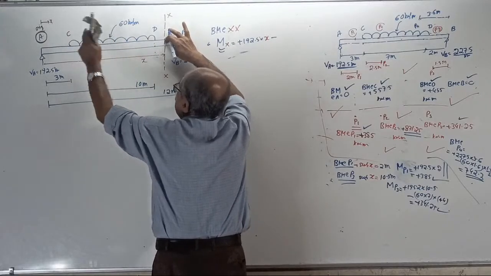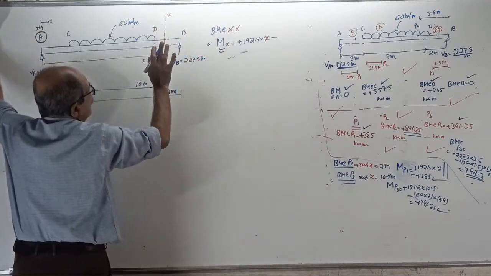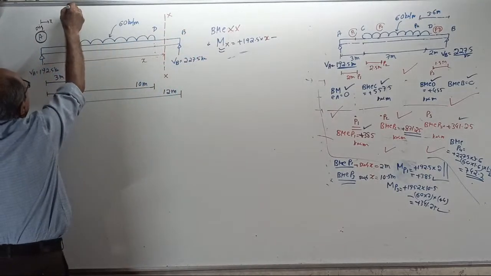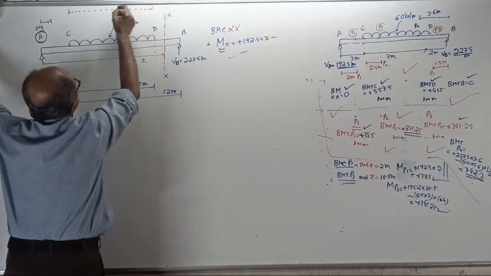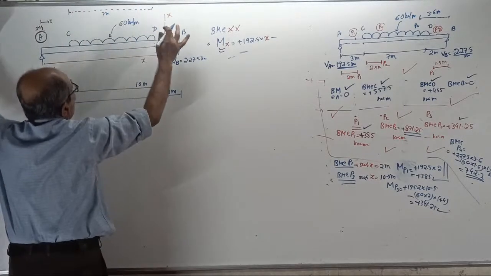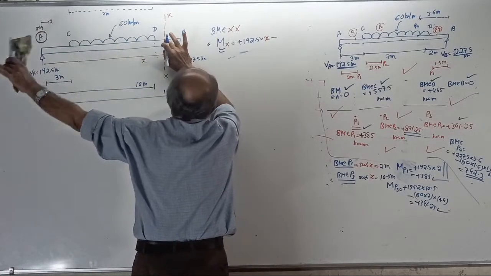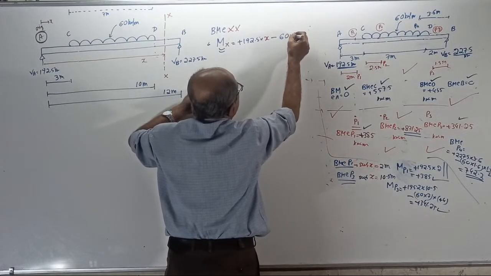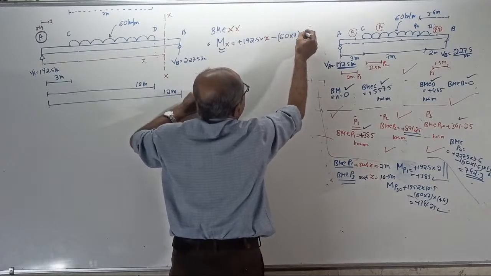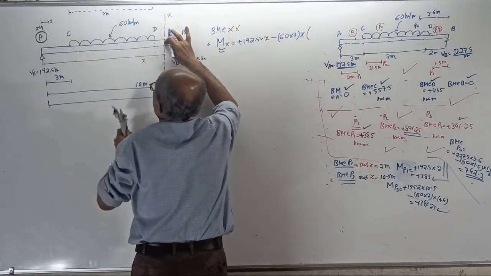Full length will come, this is 10, this is 3. Those who are finding difficulty, somewhere outside, in a light line, mark this as 7 meter. When you want bending moment here, you take the UDL for full 7 meter: minus 60 into 7, the UDL total, into the distance from here to the center of UDL.